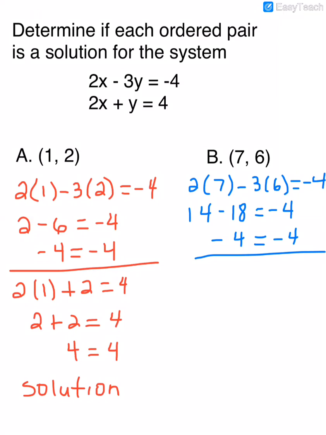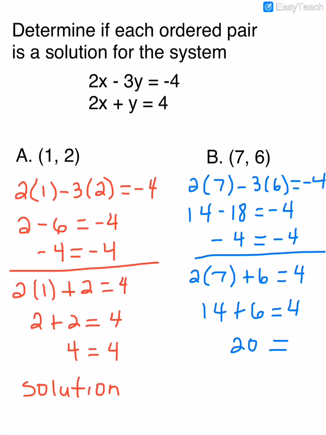Okay, so it works in the first equation. Let's see if it works in the second equation. And that gives me 14 plus 6 equals 4. Well, 14 plus 6 is 20, and that does not equal 4. So this is not a solution.